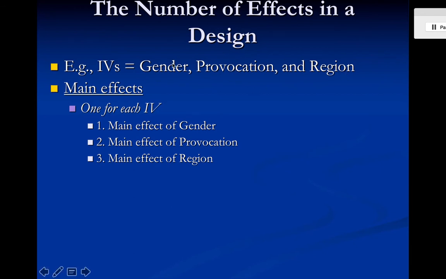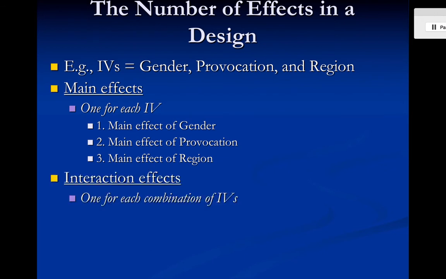I have gender as its own independent variable, provocation as its own independent variable, and region as its own independent variable. Remember, a main effect is the effect of one independent variable on the dependent variable. So I plug each IV separately into the IV slot: one sentence for one IV, the next sentence for the next IV, and the next sentence for the next independent variable.